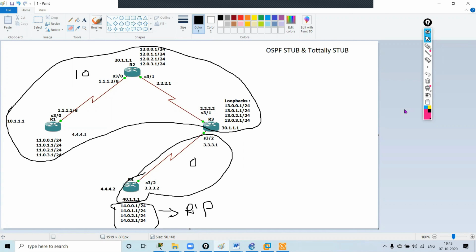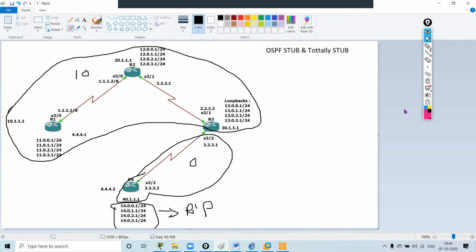Now you need to configure area 10 to stop LSA 5 and LSA 4 first. Then you need to make sure that area 10 routers are still able to reach the external routes, that is my 14 network. So first configure stub. Just this is for your practice. First configure stub. For E2 routes, you should get O*IA routes.